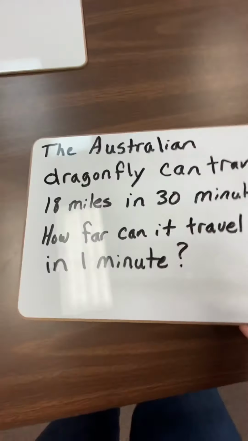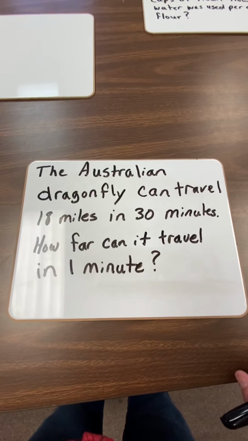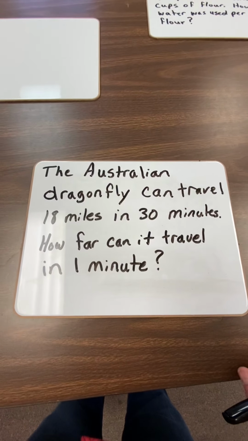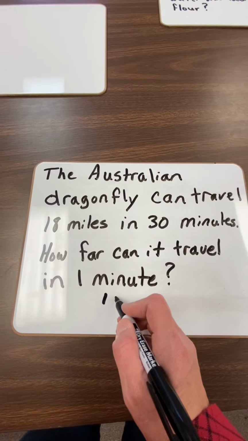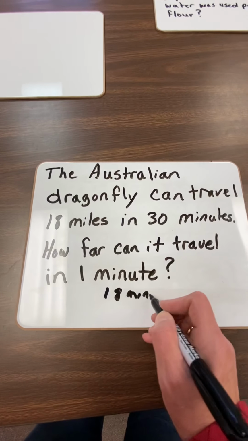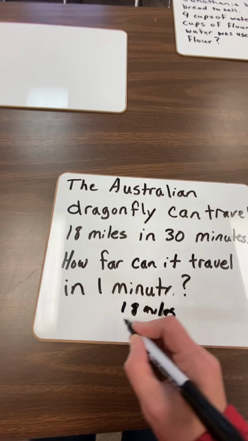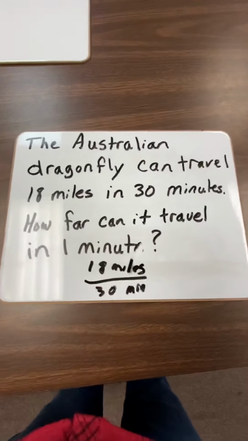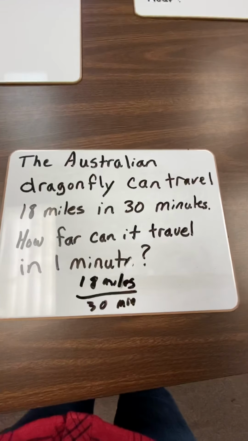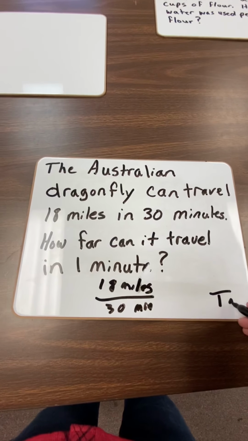Okay, now let's look at this one. The Australian dragonfly can travel 18 miles in 30 minutes. How far can it travel in 1 minute? Now this one here, 18 miles in 30 minutes is the rate in which it flies. Okay, we have to get it over 1 minute.